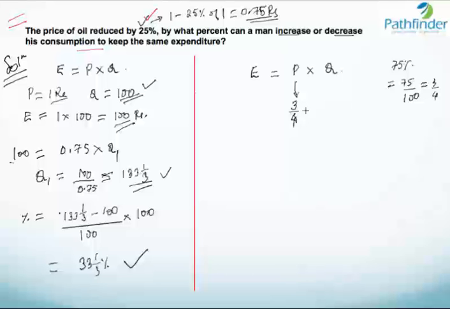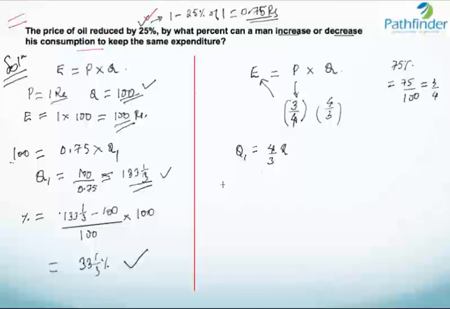So 3 by 4 times P. So if price becomes 3/4 of the initial price, for the expenditure to remain the same, quantity should become 4 by 3 times the initial quantity. That is when we will get the expenditure as equal to P into Q. So which means the new consumption is actually 4 by 3 times the old consumption.